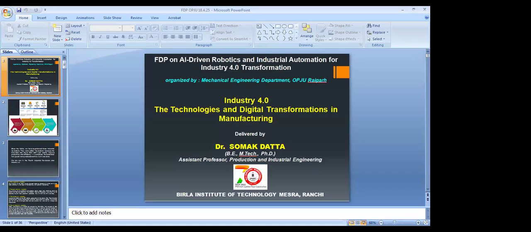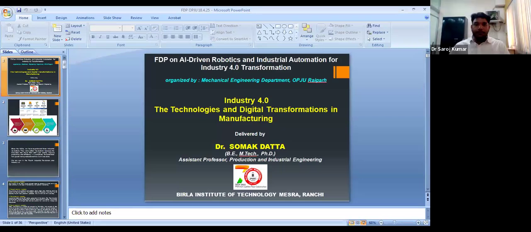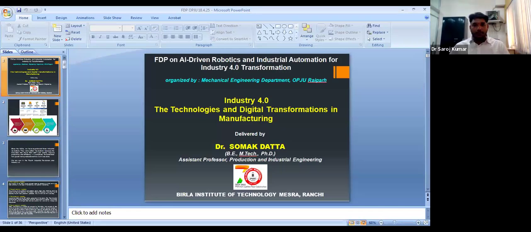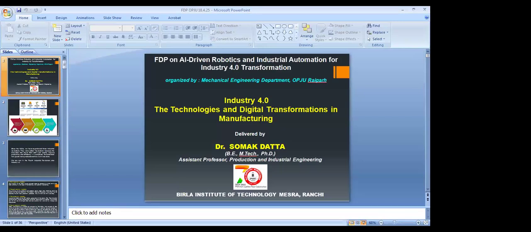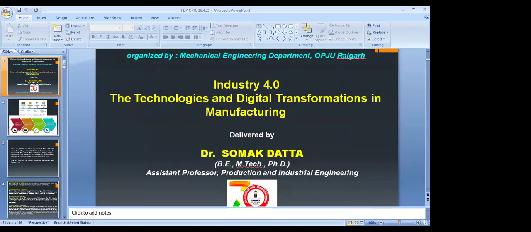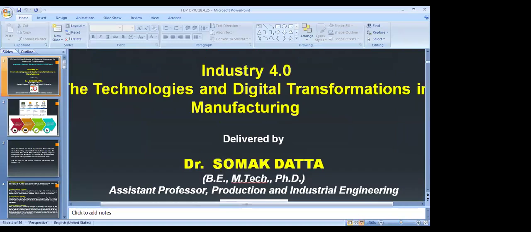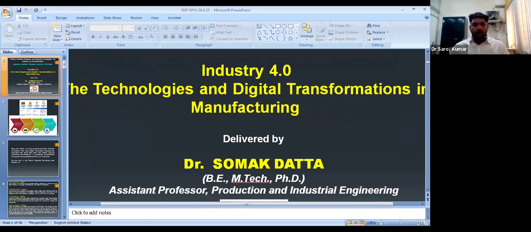Yes, it is visible, the PPT I have shared on the screen. Sir, yes. Can you put it in full screen mode? I have given the slides full screen mode. Is it coming? No, sir, it is not in full screen mode. Actually, in Zoom you have to go for the slideshow.